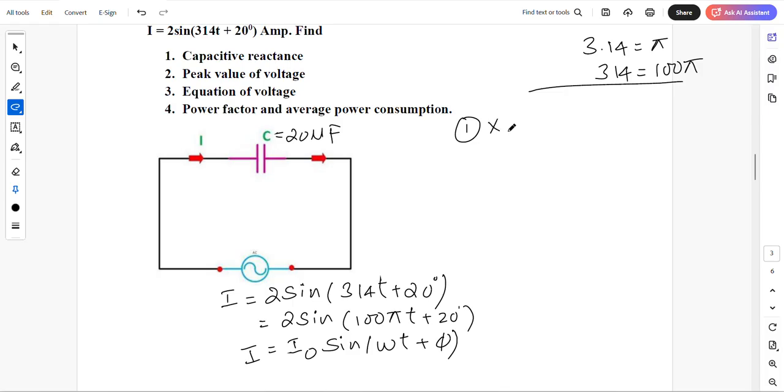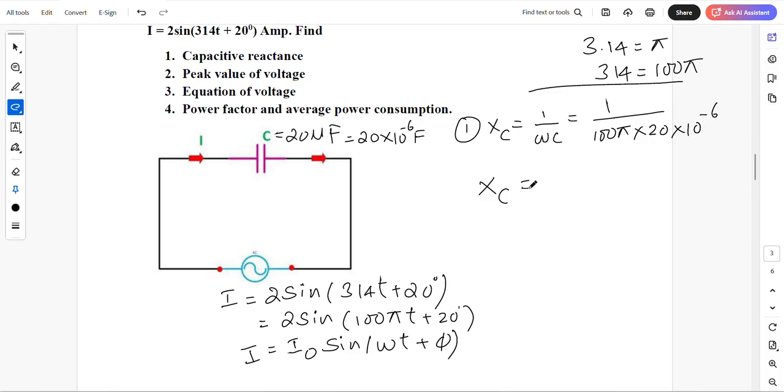What is the capacitive reactance? Formula: Xc is equal to 1 by omega C. That is equal to 1 divided by omega, which is 100 pi, into the capacitor, 20 micro. Micro means 10 to the power of minus 6 farad. So 20 into 10 to the power of minus 6.